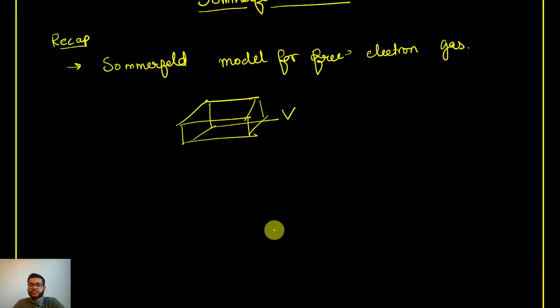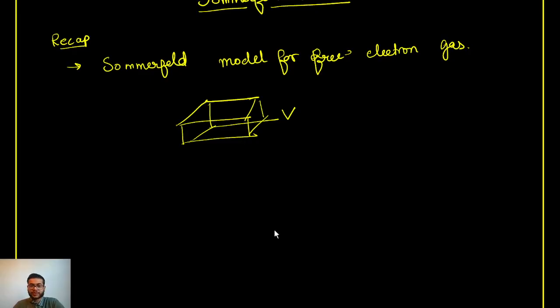So now, in real systems, what we are studying are not these kinds of boxes, but crystal systems. So we are not going to deal with these boxes anymore. Let us go back to our earlier episodes when we talked about the reciprocal lattice, the lattice system, and the basis.